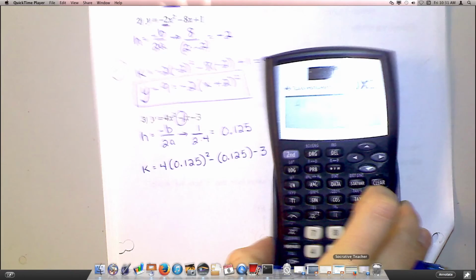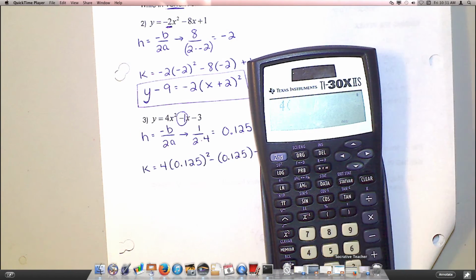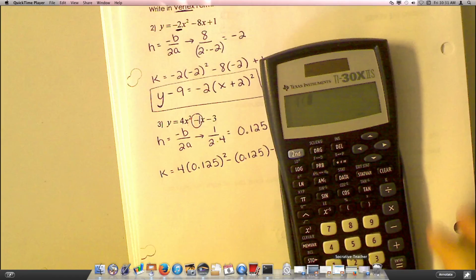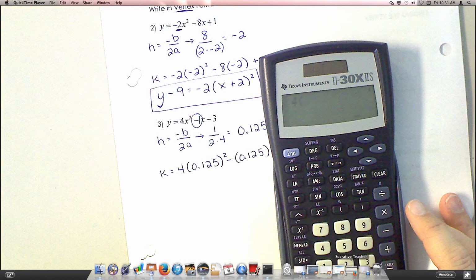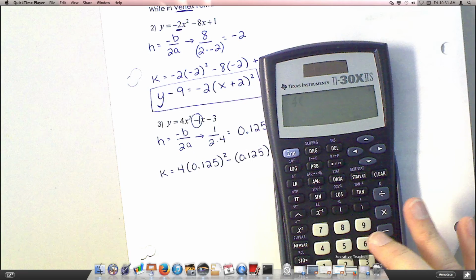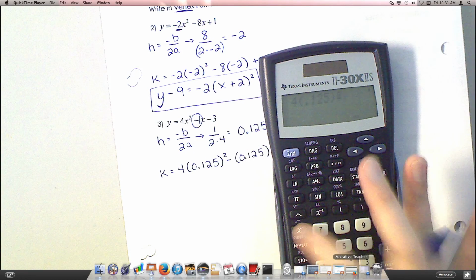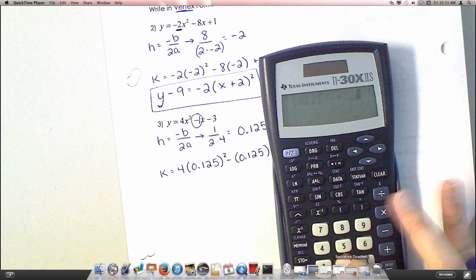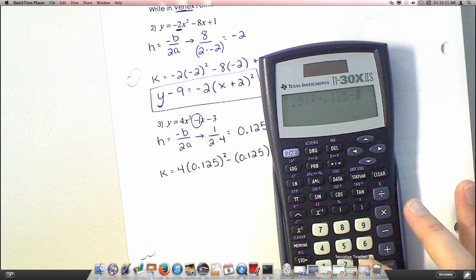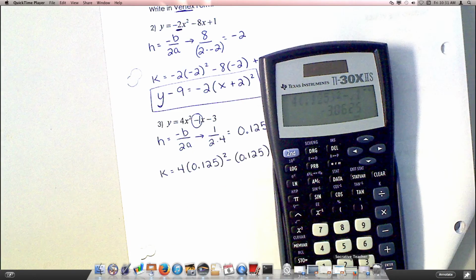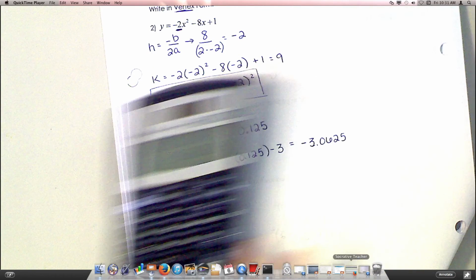I'll type it in with you. And that's fine as long as you put the 1/8 in parentheses. So 4. Yeah, I got negative 3.0625. So that's my k value.